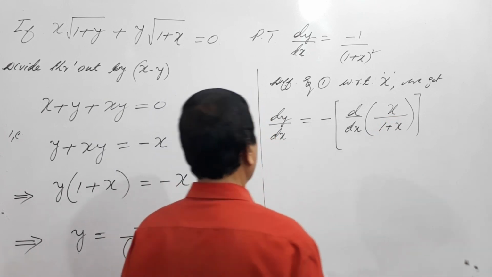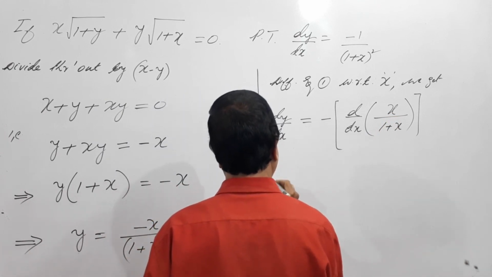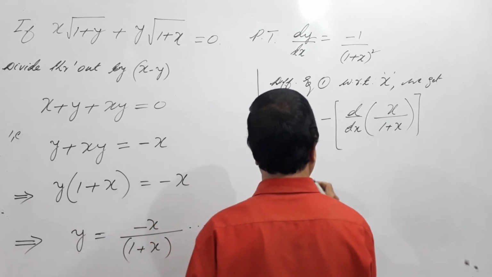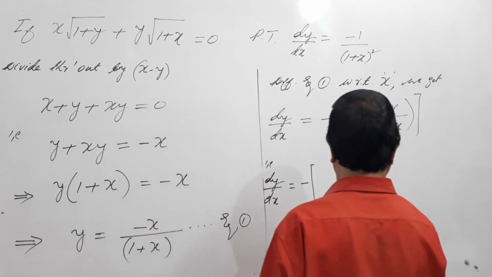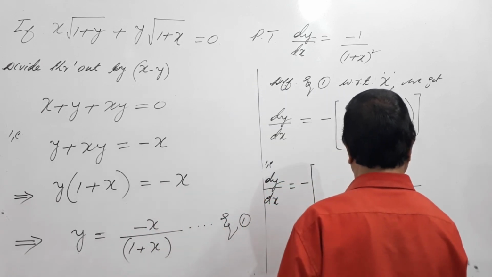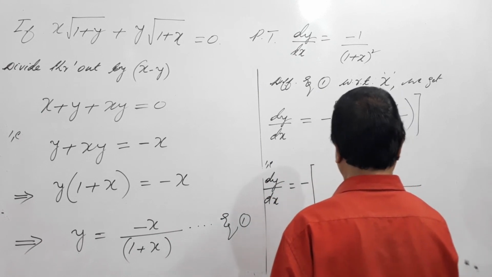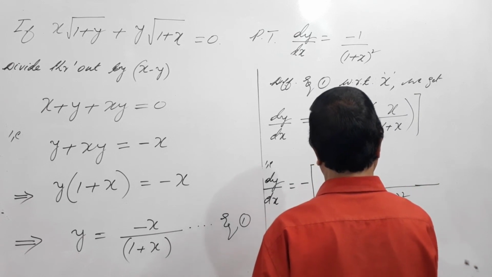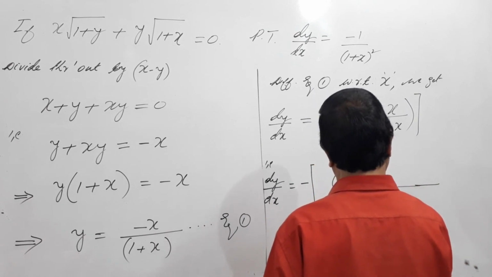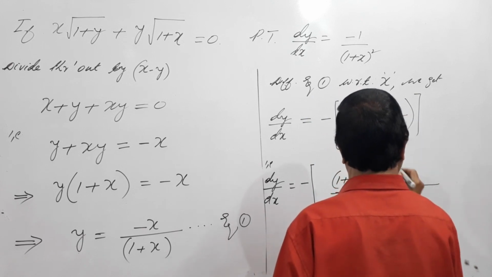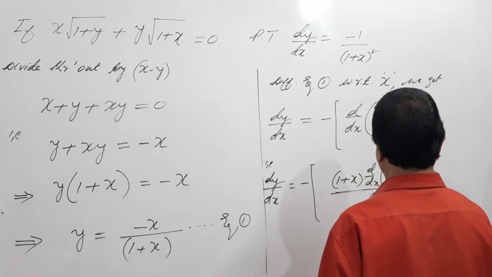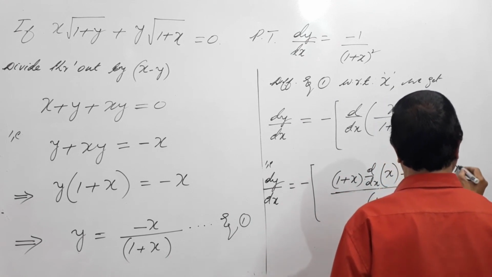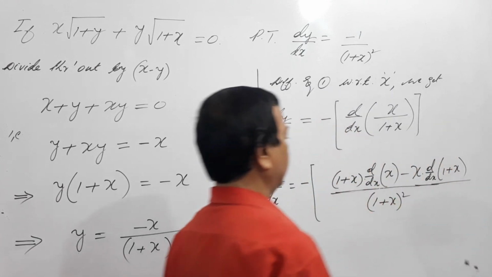So how to go about it? That is dy by dx equals to, I take this minus sign as it is. So this is (1 plus x) the whole square in the denominator. So 1 plus x into d by dx of x minus x into d by dx of 1 plus x. This is our quotient rule.